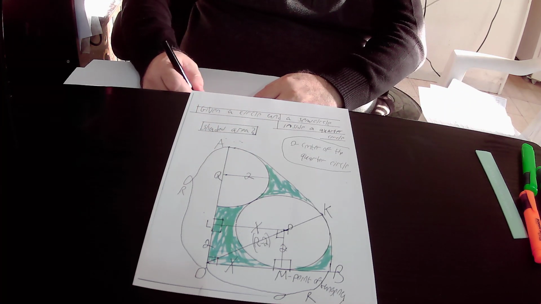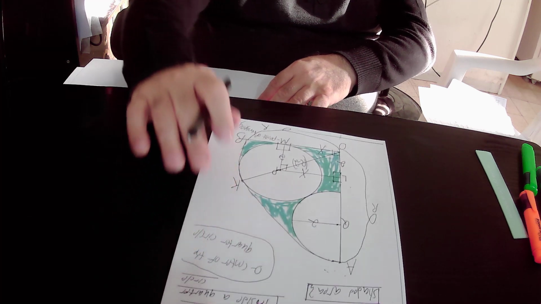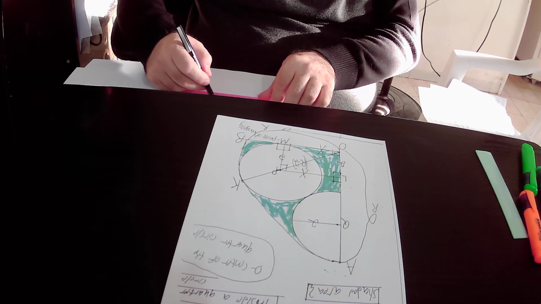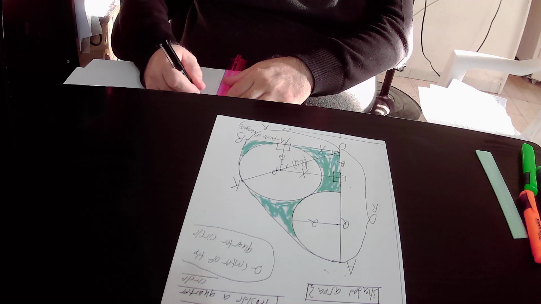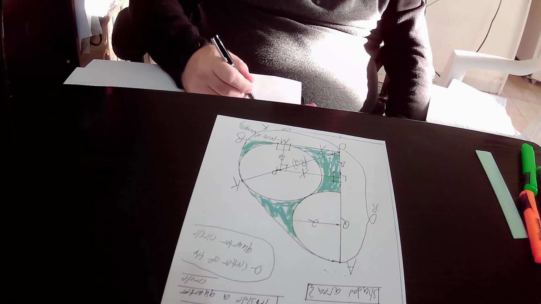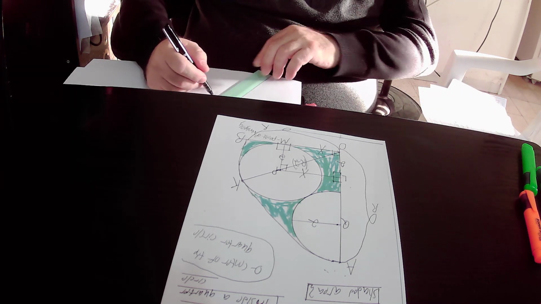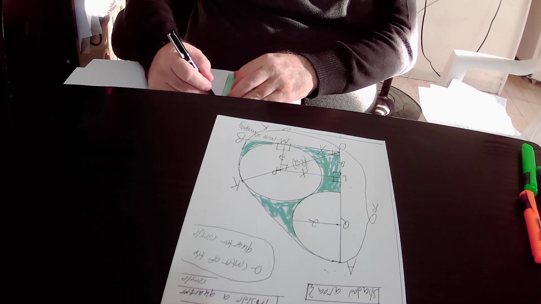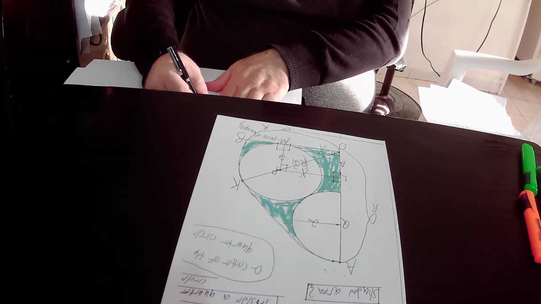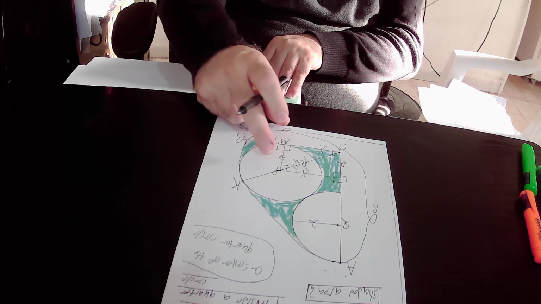Here we already found out that the hypotenuse OP equals capital R minus 2, OM equals X, and PM equals 2 units.